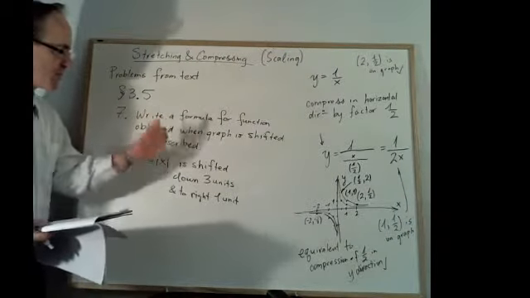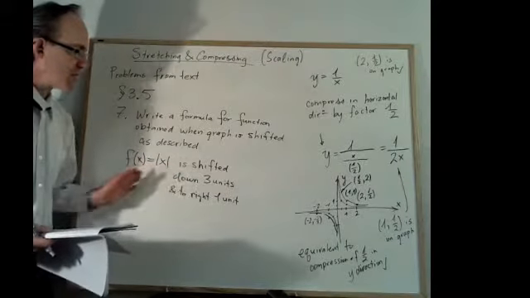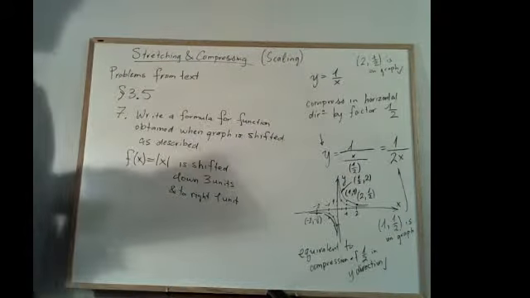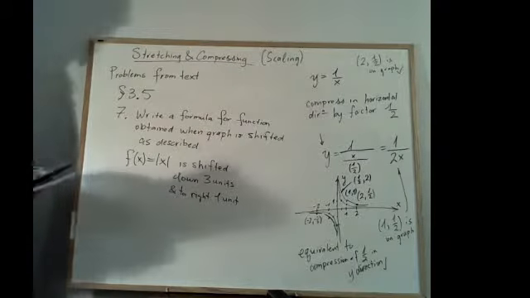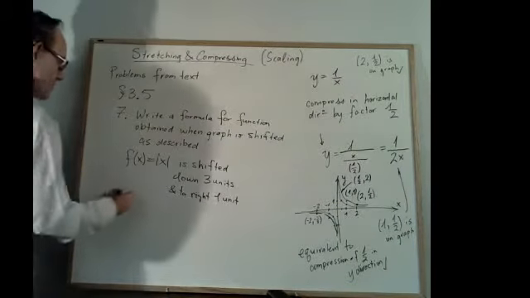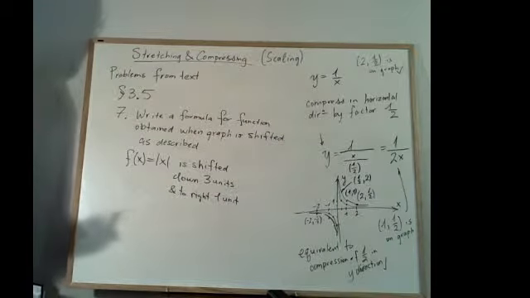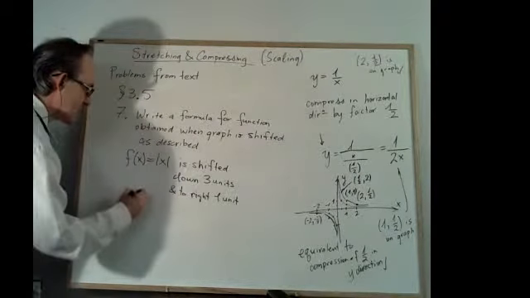Up and down are vertical. To the right and left, those are horizontal. To the right by 1 unit. So you don't have to necessarily graph. You understand the rules now.